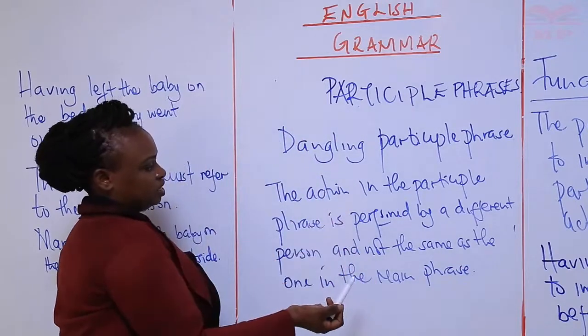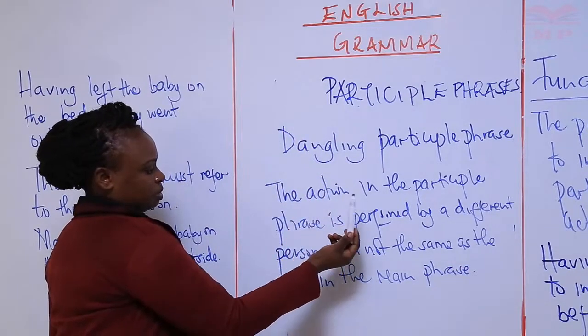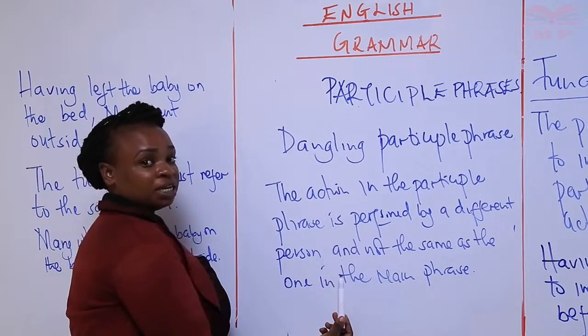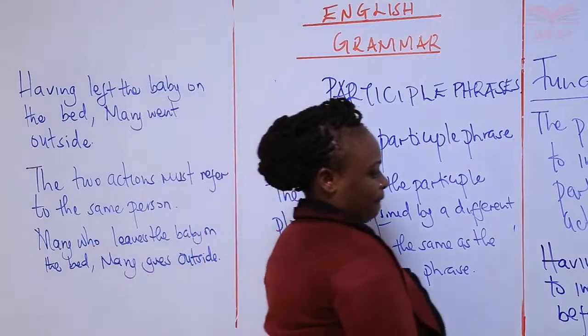So the dangling participle phrase, here the action in the participle phrase is performed by a different person and not the same as the one in the main phrase. Let me give you an example.